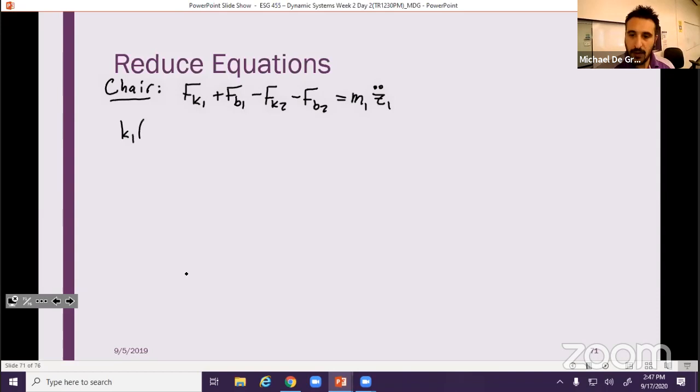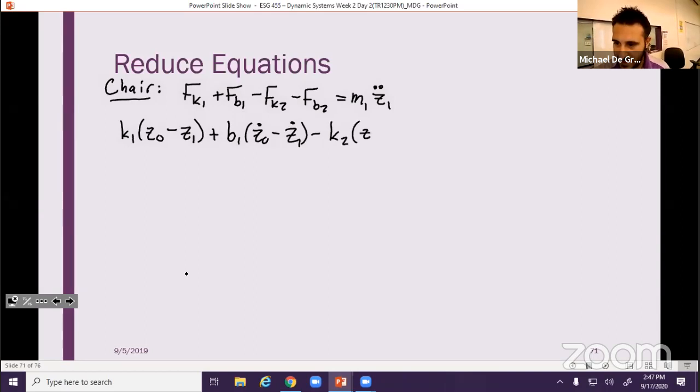So we'll get K1 (Z naught minus Z1) plus B1 (Z dot naught minus Z dot 1) minus K2 (Z1 minus Z2) minus B2 (Z dot 1 minus Z dot 2) is equal to M1 Z double dot 1. Okay, so that's where we're at.